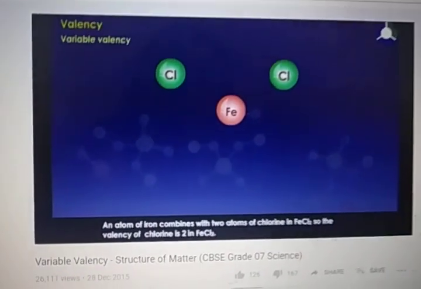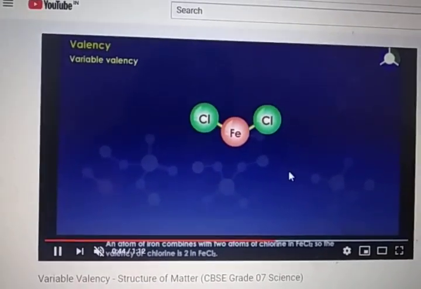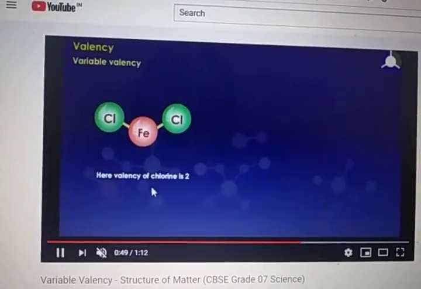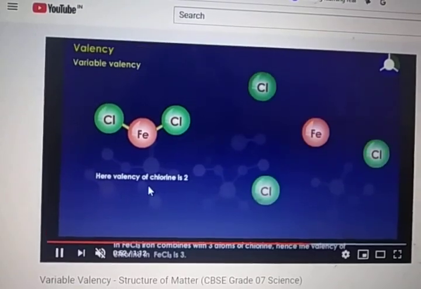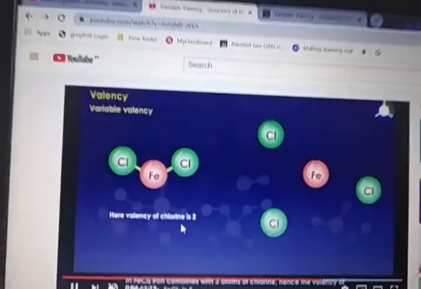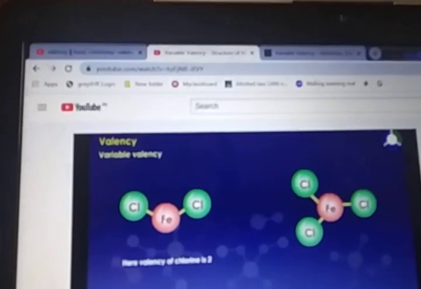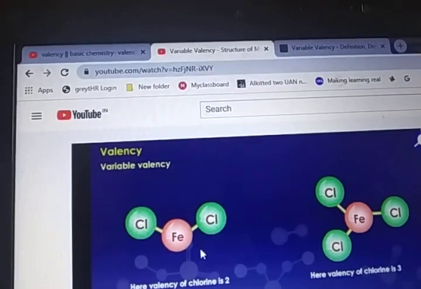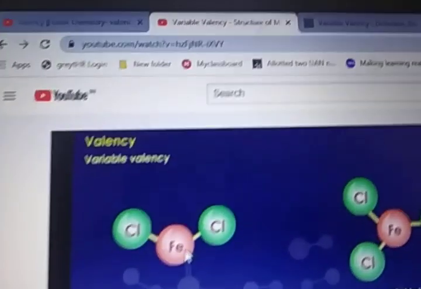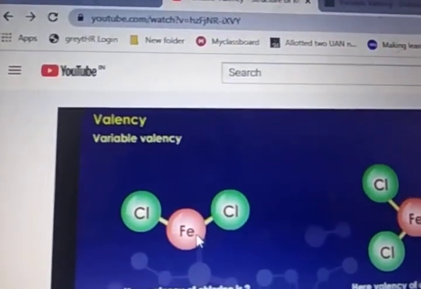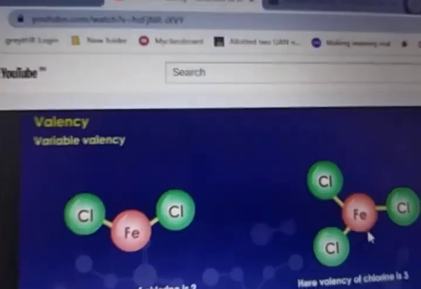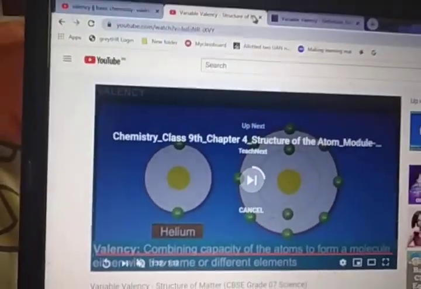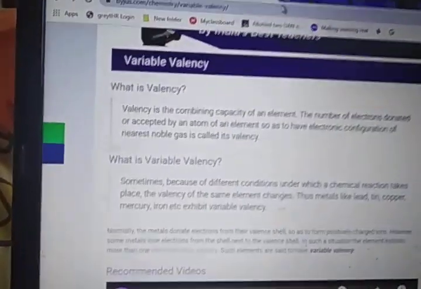See here, this is how the combination is taking place. So here children, the valency of iron we can say is +2, and here the valency of iron is +3. Okay, so this is what we have learnt about valency and variable valency.